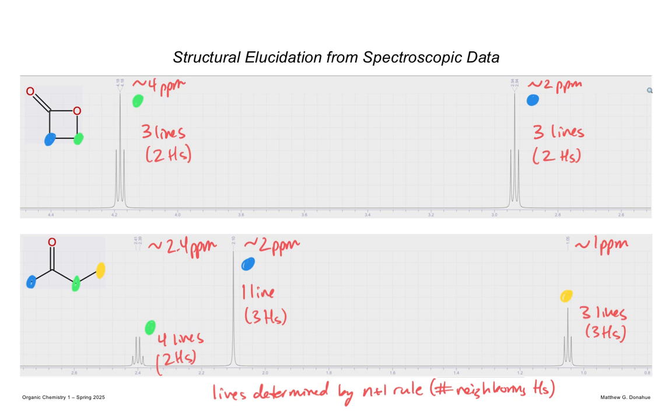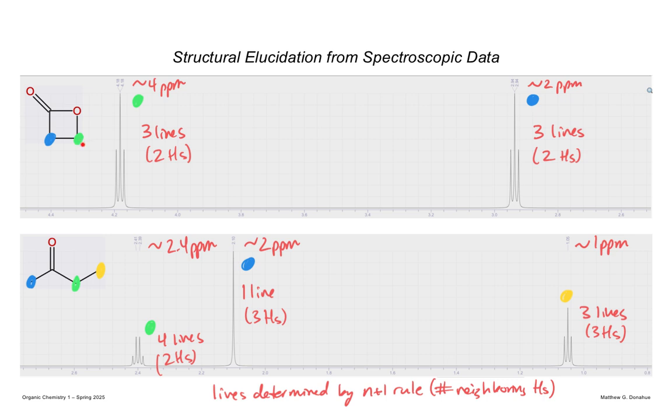So let's start with the ester. See the blue dot? It has 2 neighbors, the carbonyl and then this. The carbonyl has 0 hydrogens. The green dot has 2 hydrogens. So 2 plus 1 is 3.